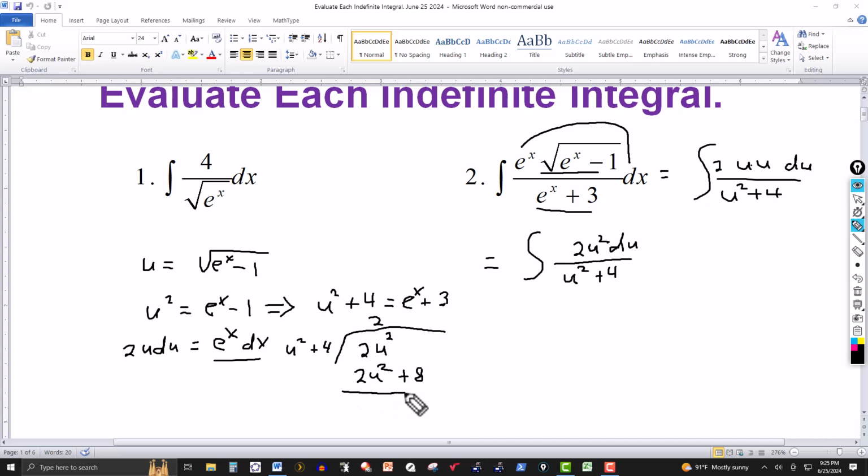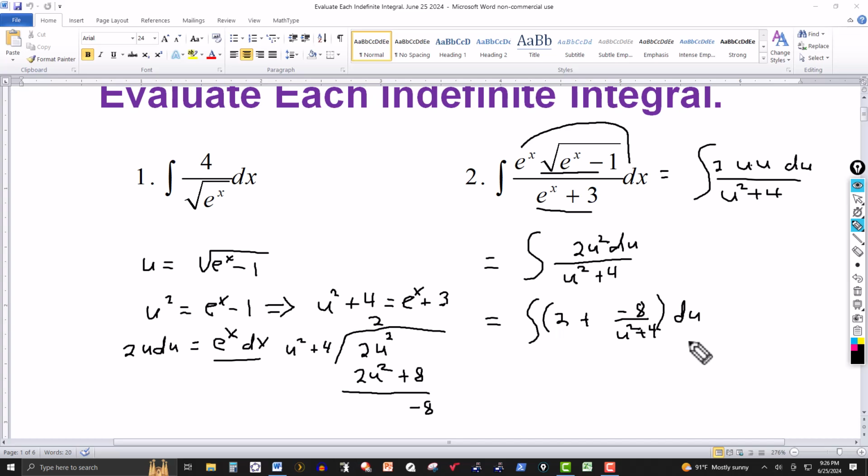Then we subtract. This cancels out, 2u squared minus 2u squared, and then 0 minus 8 is minus 8. So this integrand can be written as 2 plus the remainder over the divisor, so this would be written as minus 8 over u squared plus 4.